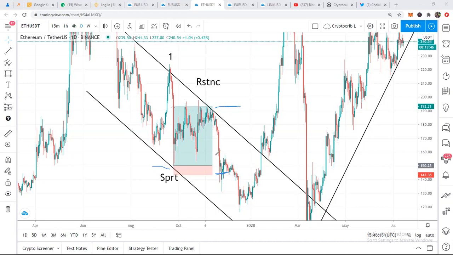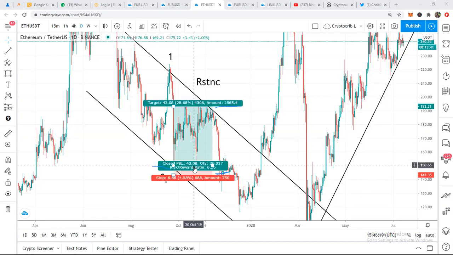That means you can accommodate how many percent loss? 4% loss, to how many percent profit? 28% profit. So you need to consider your risk to reward ratio. Your risk is 4%, your reward is 28%. I think that's still fair.